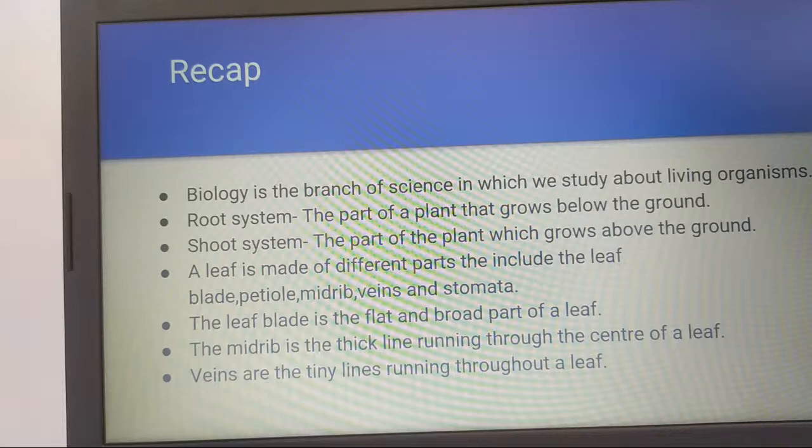The plant consists of two parts, the root system and the shoot system. What is the root system? The part of a plant that grows below the ground. What is the shoot system? The part of the plant which grows above the ground.